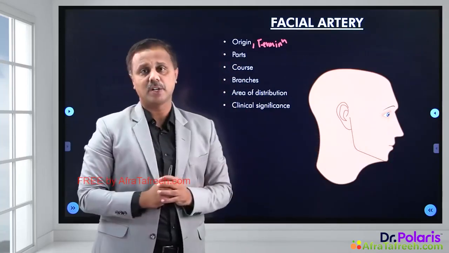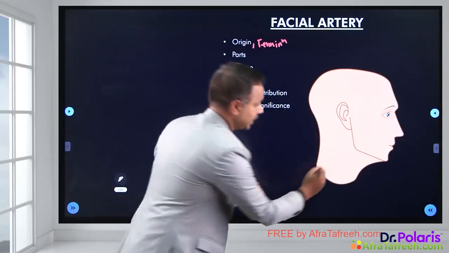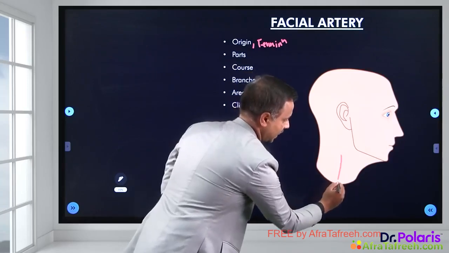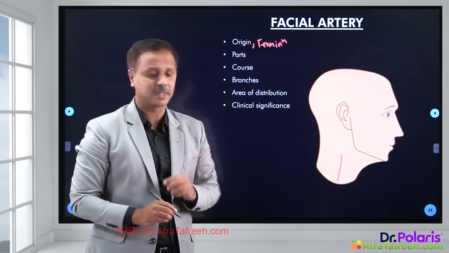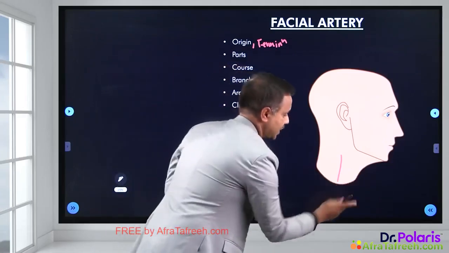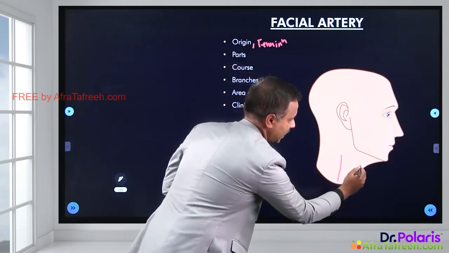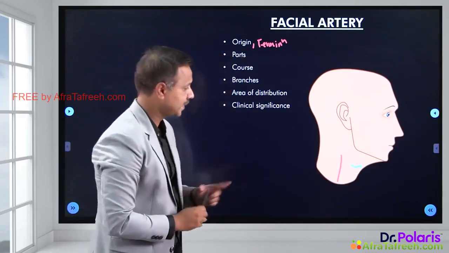What about the origin? The facial artery takes its origin from the external carotid artery. Fine? The external carotid artery, as we know, is a branch from the common carotid. Let's imagine we have the hyoid bone at the level of the second cervical vertebra.